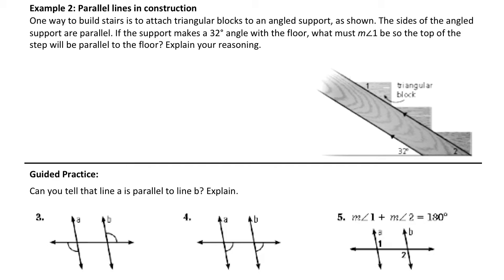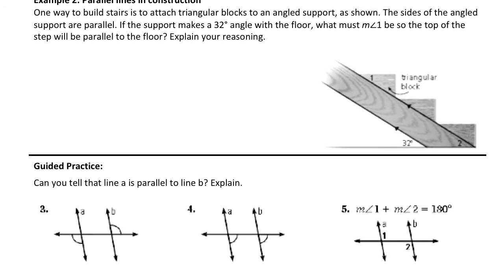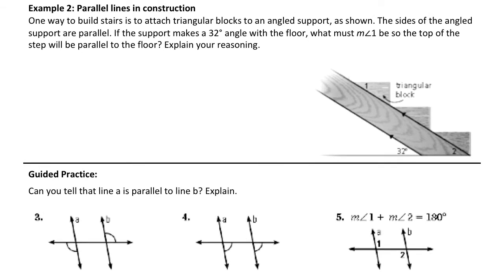One thing here is I can say, and I'm going to have to explain using our postulates, the measure of angle 2 is 32 degrees. And the reason it's 32 degrees is because this 32-degree angle and angle 2 are corresponding angles.